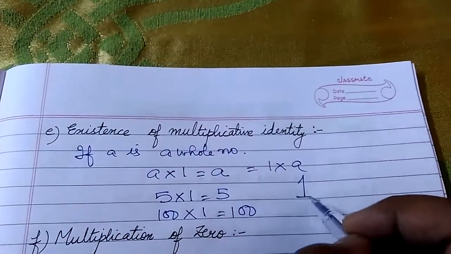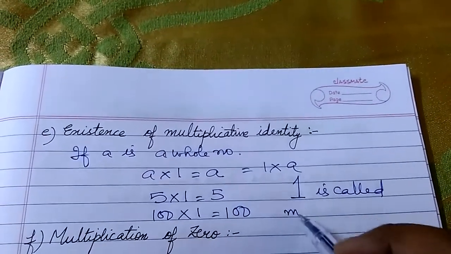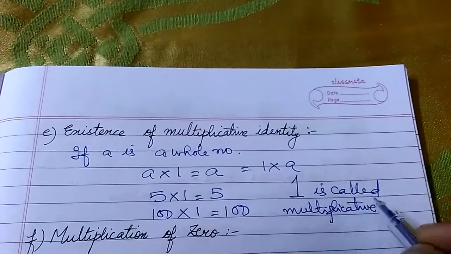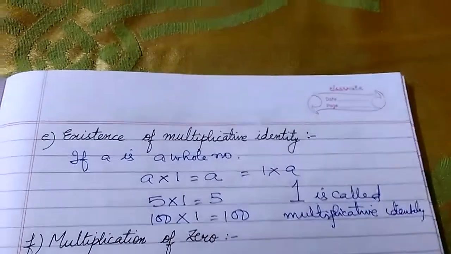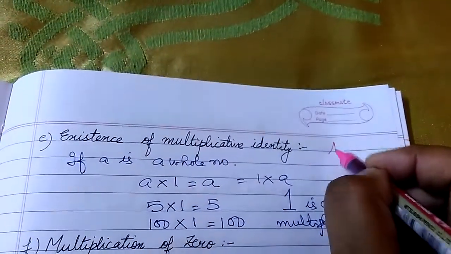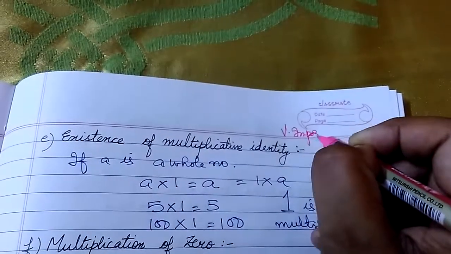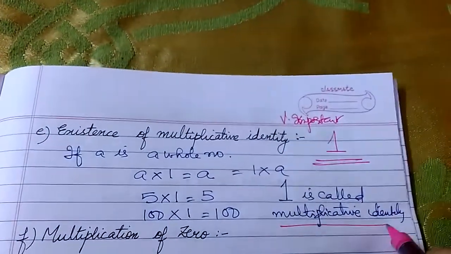So 1 is called what? The multiplicative identity. In the case of addition, we had 0. Here 1 is called the multiplicative identity. Very important.